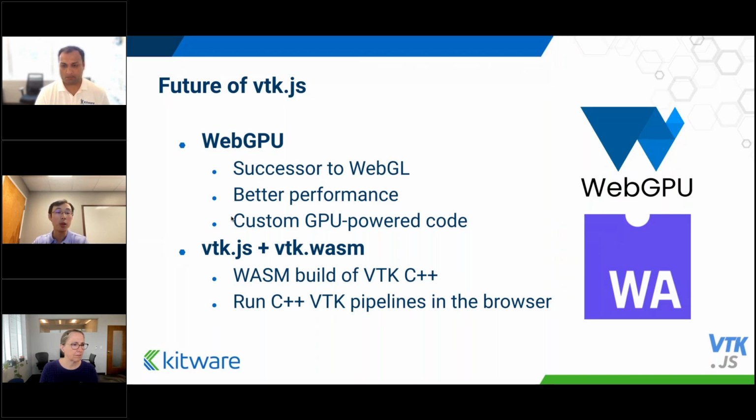It provides much better performance because it's a lot closer to the GPU than WebGL is, and also enables really cool things such as custom GPU shaders that allow you to run compute rather than just rendering. So you don't have to deal with threads or hacky WebGL-based compute. You can actually just write WebGPU compute shaders and leverage the GPU that way.